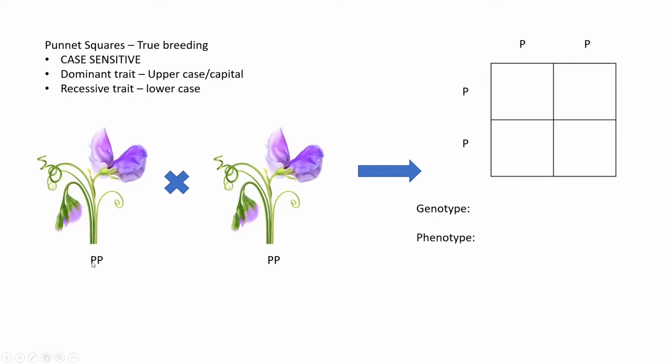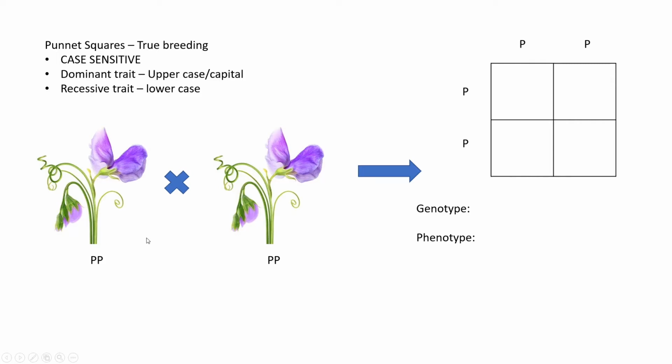We'll give them capital P, capital P. We know that they're dominant because in Mendel's hybridization experiment, he deduced that the allele for purple flowers was dominant because it was present in each generation, and it was more prevalent than the expression of the allele for white flowers. Both of these plants haven't been cross-fertilized, and so their alleles are both capital P and capital P.